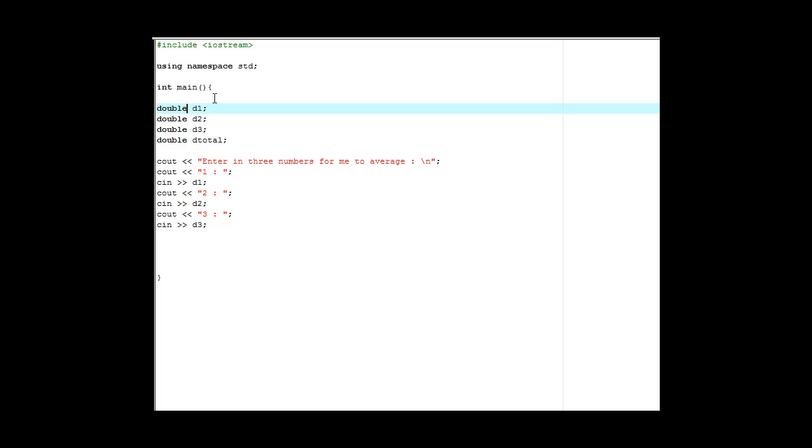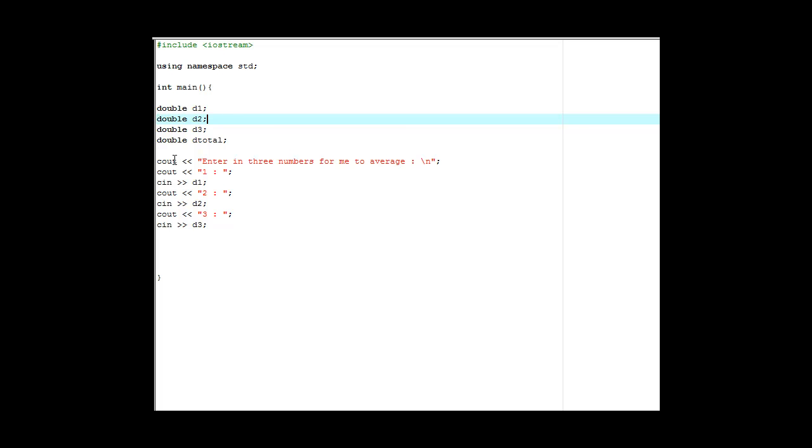So, back to what I was saying. I made double D1, double D2, and double D3, and double D total. Double D1, 2, and 3 are for the inputs, so you input the information into those, and then double D total will contain the formula.